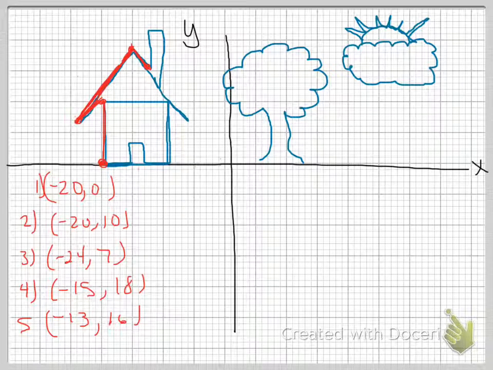Now, there's a couple things I could do. I could keep going straight down, which I think is probably better, so I may go right here. That looks like negative 11, and that looks like it's 5, 10, 12. So it's going to go here.